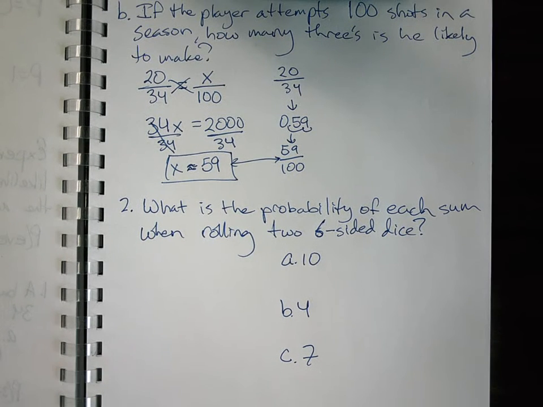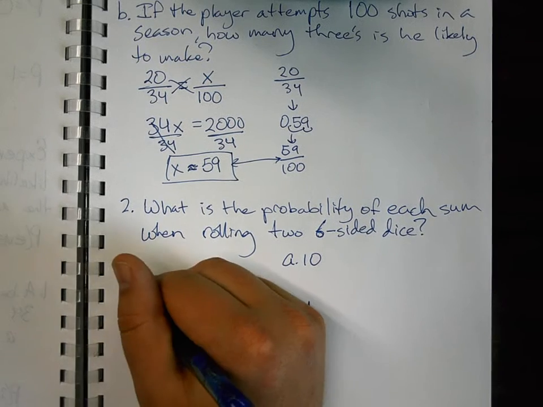Okay, so two six-sided dice. We're going to roll them and figure out what the percentage is of the numbers on those two dice adding up to 10, 4, and 7. If you can't figure this out off the top of your head, one of the ways to do this is to create a nice little nifty chart.